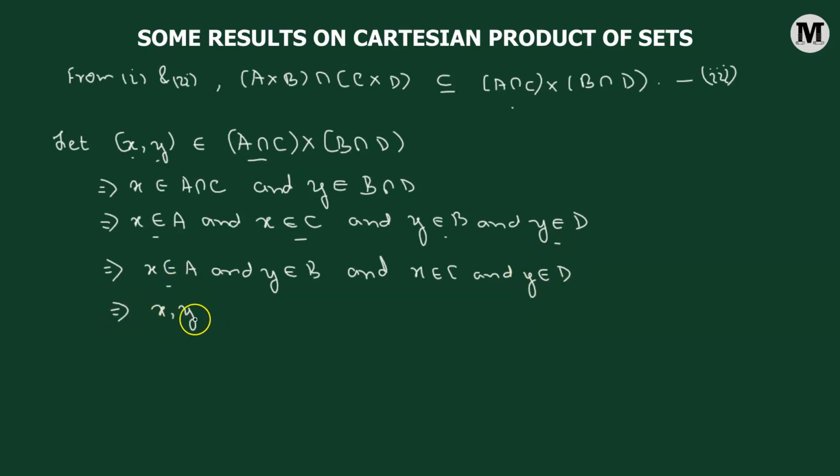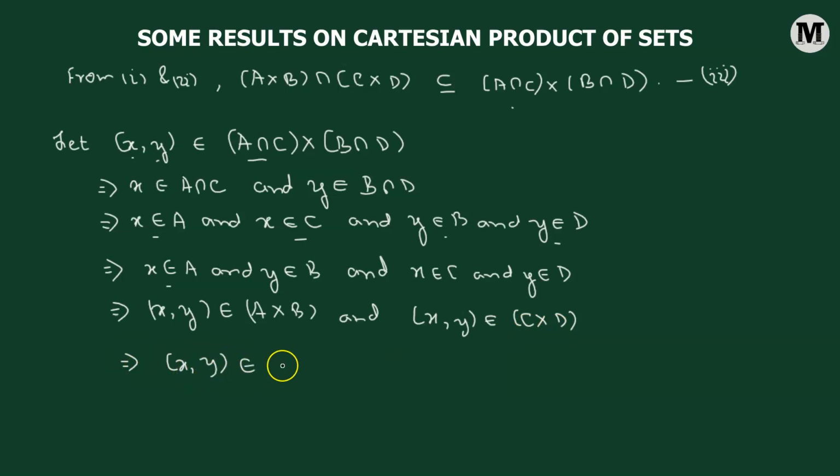By definition, the ordered pair x comma y belongs to the Cartesian product of A and B. And the ordered pair x comma y belongs to the Cartesian product of C and D. So we have the same ordered pair which belongs to the Cartesian product of A and B as well as the Cartesian product of C and D. That means we can combine it and say that x comma y is a member of the set, the Cartesian product of A and B intersection with the Cartesian product of C and D.